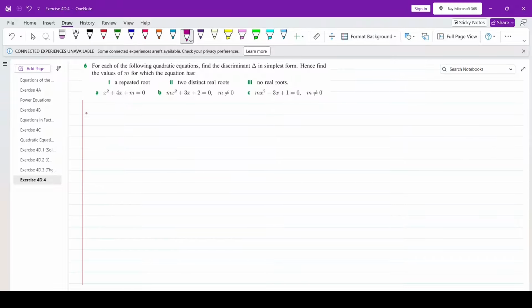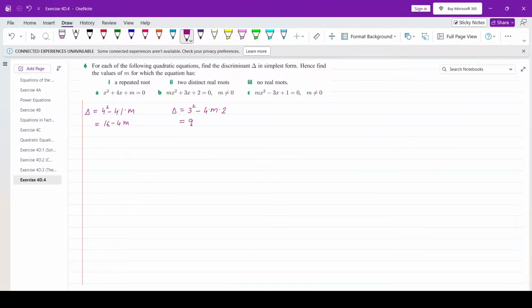So for a, the discriminant is equal to b square, that is 4 square minus 4 times a times b. So this is 16 minus 4m. In b, the discriminant is going to be b square, that is 3 square, minus 4 times a, that is m, times c, that is 2.